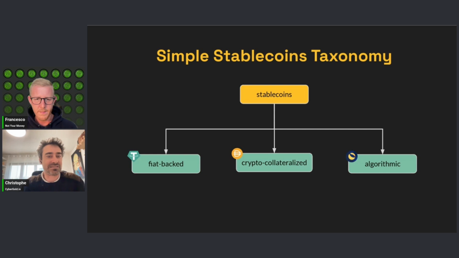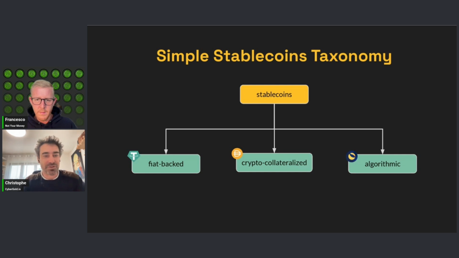The second one are the crypto-collateralized stablecoins. The best known is DAI, which does not have a big market share. So you can see that the other categories, except the fiat-backed, are already kind of marginal. And the third category is called algorithmic stablecoins.